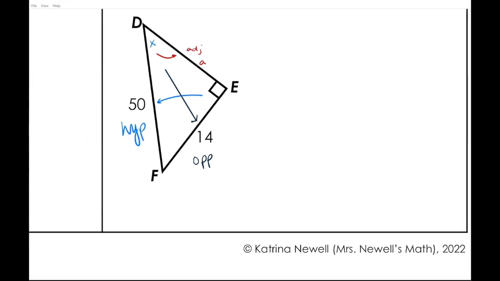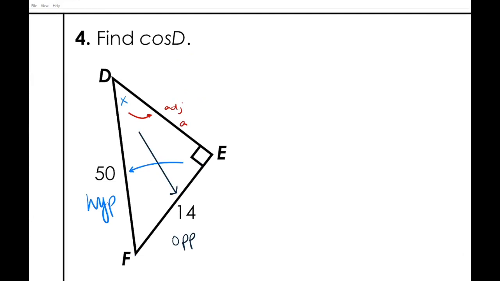So of course we need to find A. So we've got to go to our homie Pythagoras. Old Pythagoras is going to hook us up. A squared plus 14 squared equals 50 squared. This number is going to get real big on me real fast. Mental math extraordinaire. 196 is, 2500.